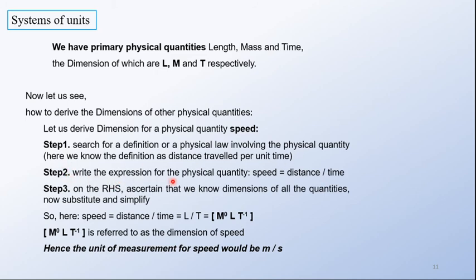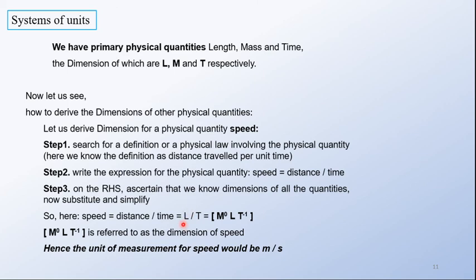So write the expression for the physical quantity, that is speed is equal to distance divided by time. Step number 3, on the right hand side, ascertain that we know dimensions of all the quantities listed there. Now substitute and simplify.